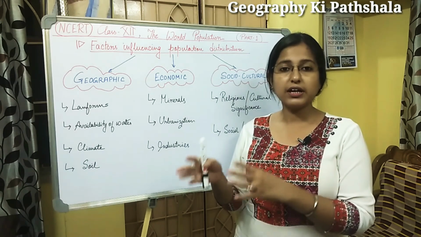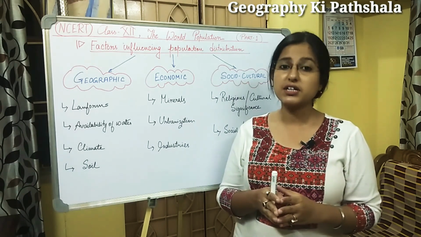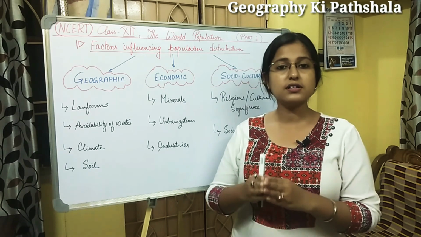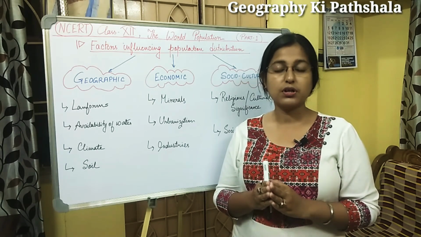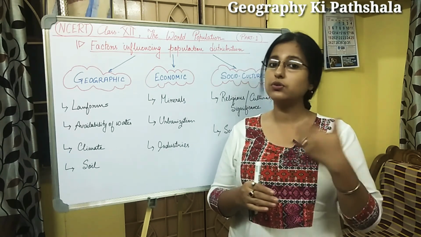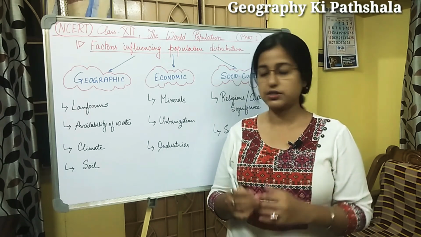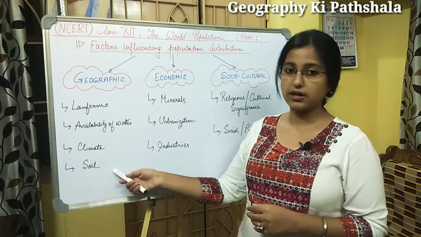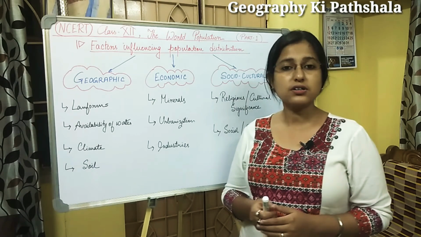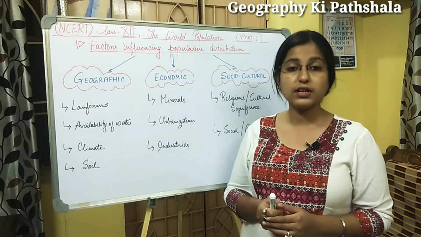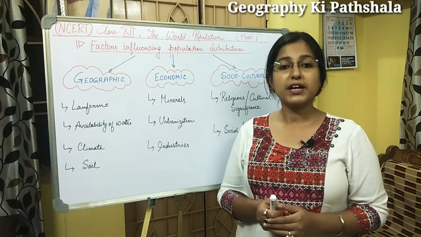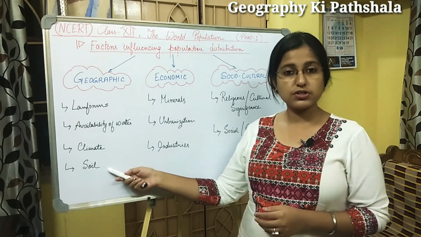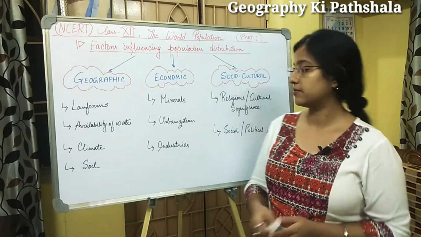They are mainly concentrated near the Mediterranean region, because this comes under the temperate zone, which is neither too cold nor too hot. Next comes soil. Soil fertility plays an important role in agricultural production, and by this it plays an important role in population distribution.